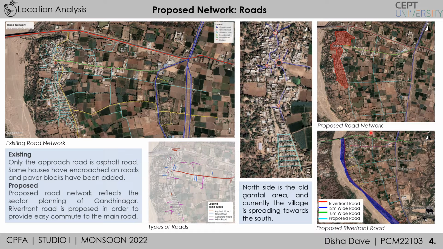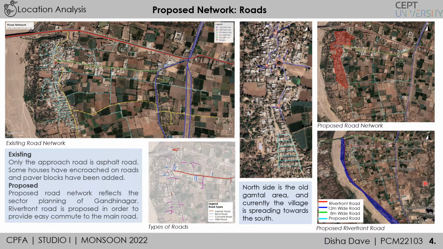And for the same reason, the red mark is the Gamtal area, which is tried to be protected, and a road is developed adjacent to it, which would stop the random development. The sector planning is taken into consideration of the existing sector 11 planning, which is existing in the city of Gandhinagar, because the village is situated in Gandhinagar.